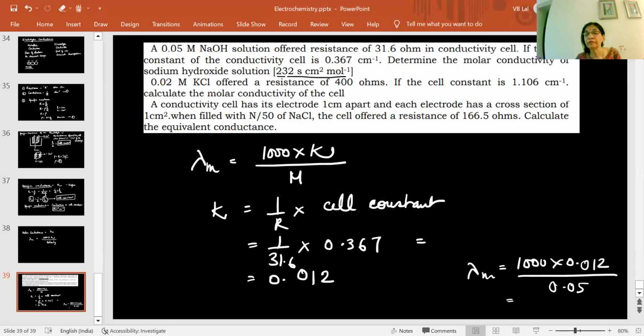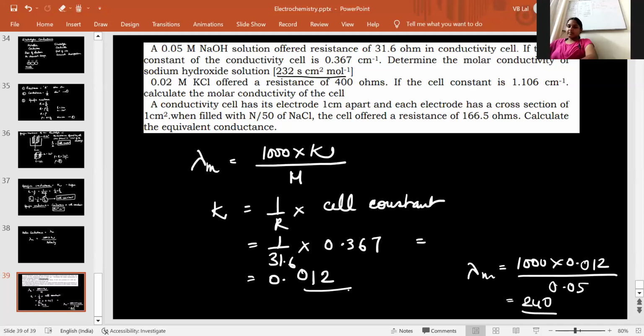Around 240, which is close because we rounded it off here. All of you could understand this question.